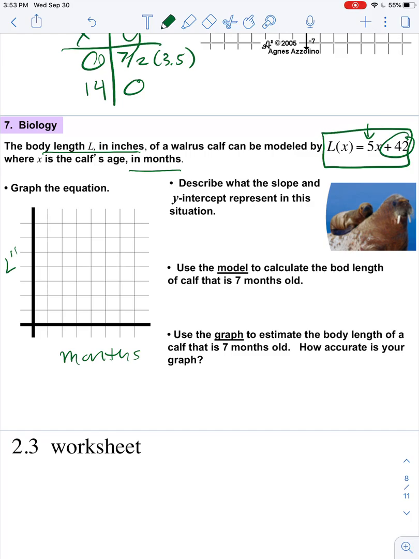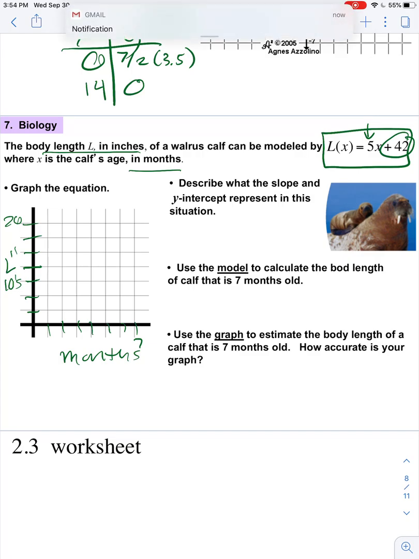Since I'm starting at 42 and going up by 5s, I'm probably going to have to count by 5s or 10s. So 10, 20, 30, 40, 50, 60, 70. So this one's going to be by 10s. This one is months, 1, 2, 3, 4, 5, 6, 7. So I'm just going to go by months. Here, I know that I'm starting at 42 at 0.